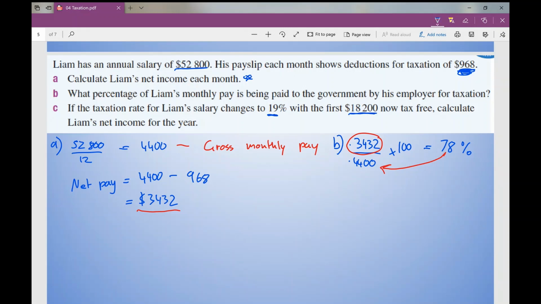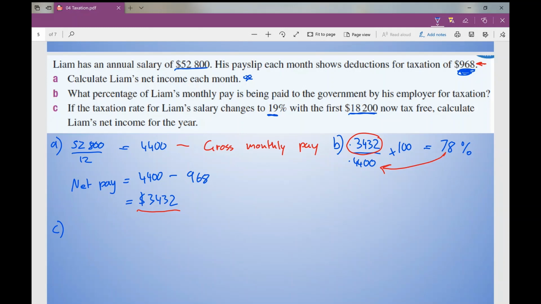Okay, so now we come to Part C, where instead of just paying a flat rate of $968 a month, Liam's tax is being changed to 19%, but he gets his first $18,200 tax-free.